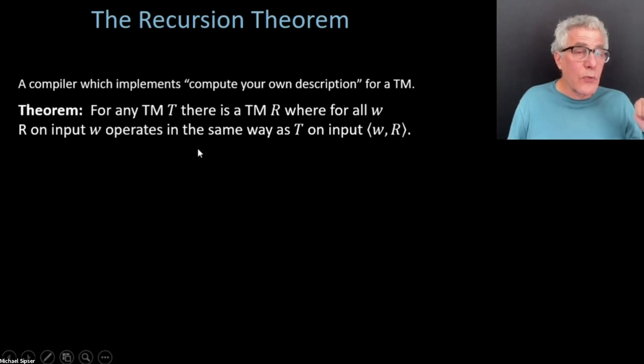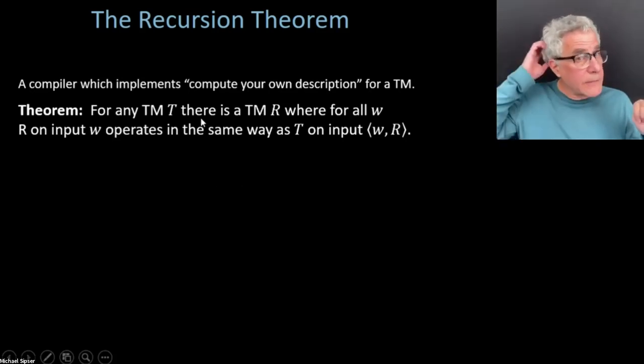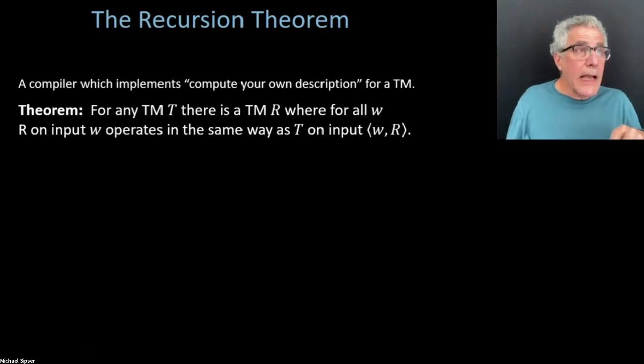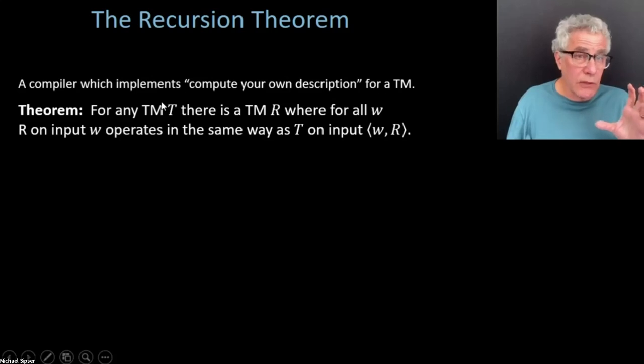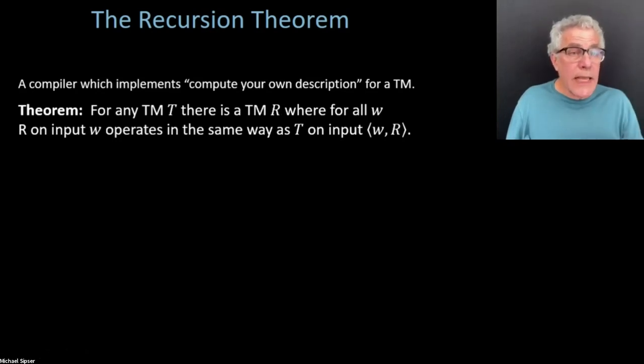What the recursion theorem does for you is it says you can write a piece of Turing machine code, algorithmic code, called T. And T is going to get transformed into a new machine, R. And R is going to be provided a copy of the program itself, which is just a description of R, for free.